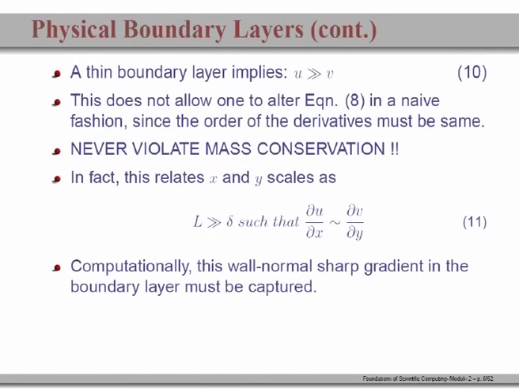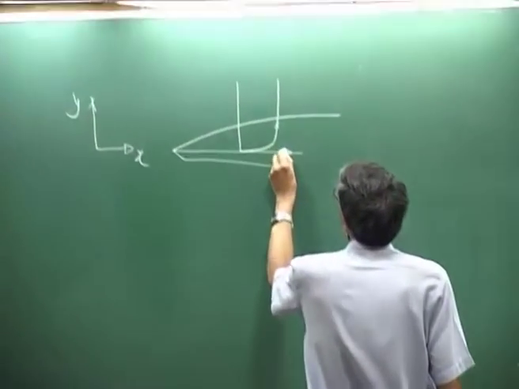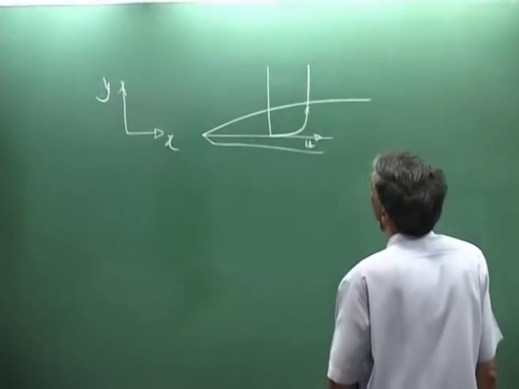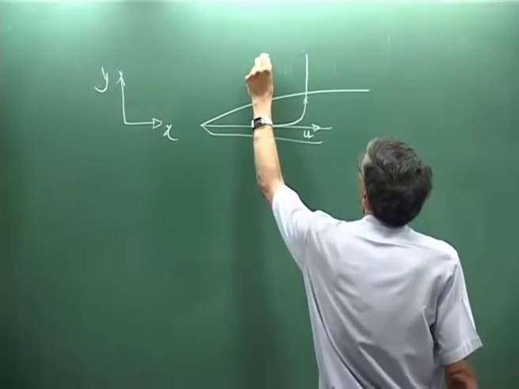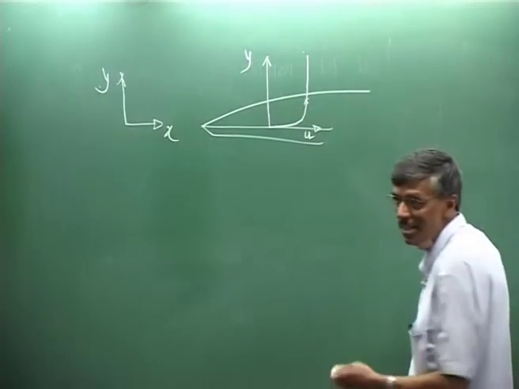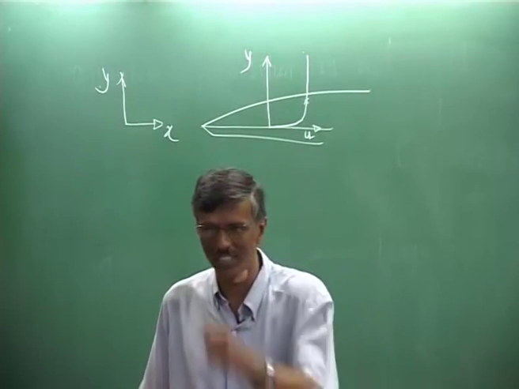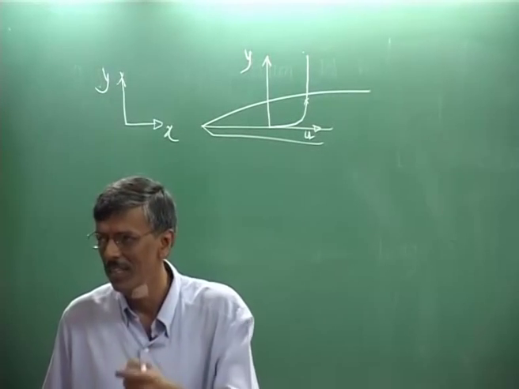Well, the thinness of the boundary layer implies that if I have plotted u here, the x component of the velocity, and this is y, that is how it looks. What you notice is that it is thin. Why? Because the x component of velocity is much larger than the y component, right?